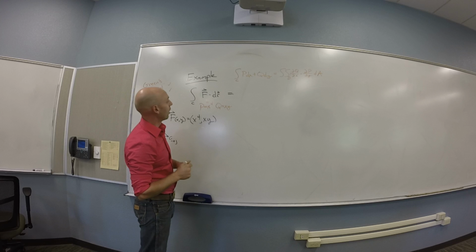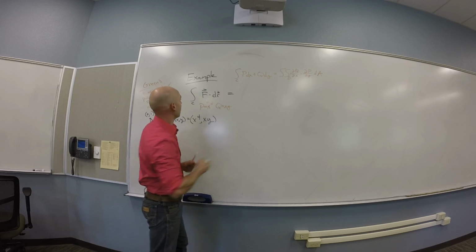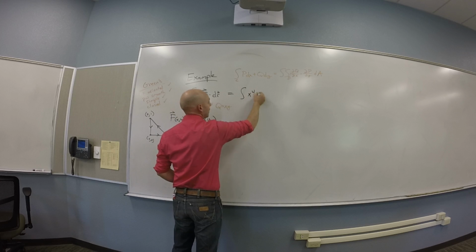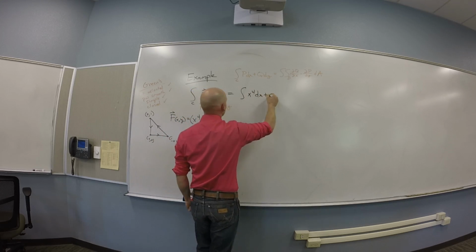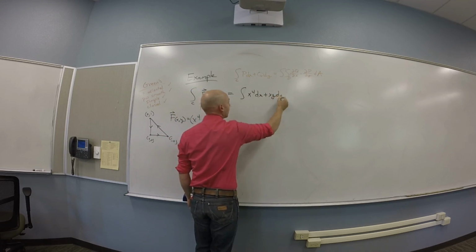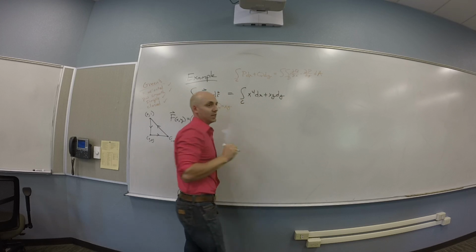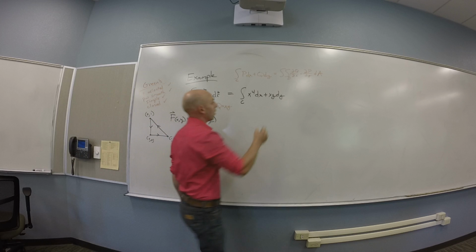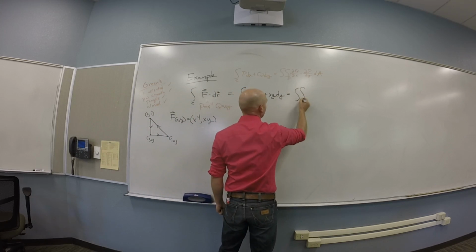Okay, so here I am. This thing is the integral of x to the fourth dx plus xy dy over that curve C. And so I've identified P and Q. And now how do I rewrite this as a double integral?